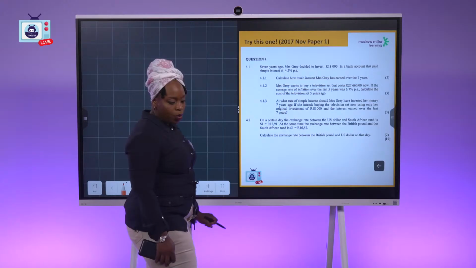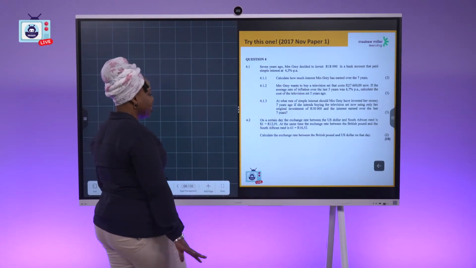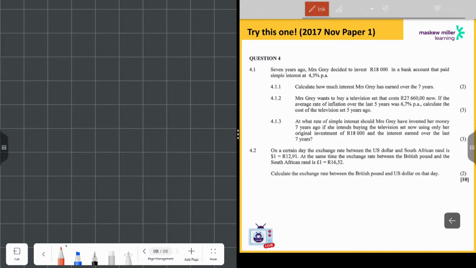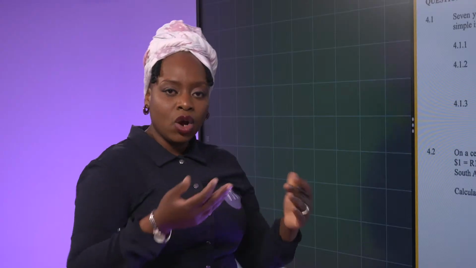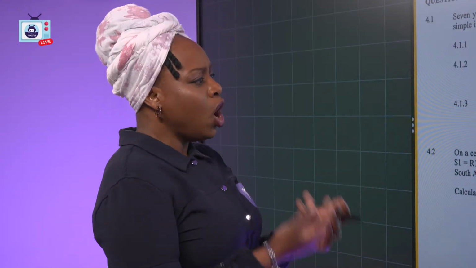But before we say bye to one another, I needed to share something with you and show you so that you can go home and do more. I hope in this case, financial math seems very simple, right? You will be able to do it because it's not really difficult. You just need to know what it is that they've given you. You need to know the language that is used, like compound interest, simple interest, hire purchase, inflation, all those kinds of things.